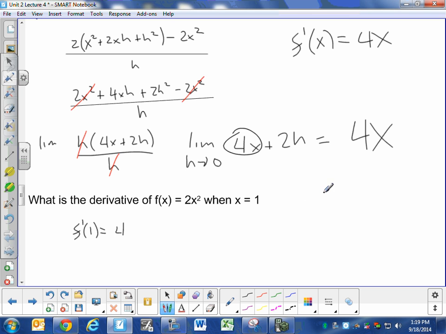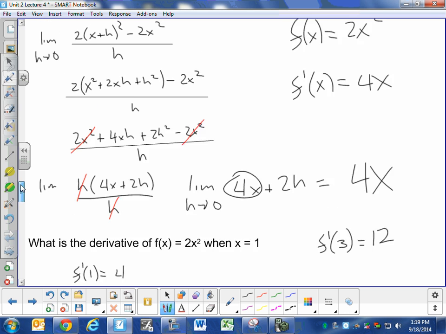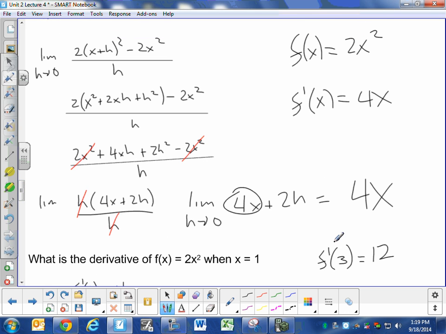Now, what is f prime of 3? 12. What does this tell me? Mr. Kaiser, what does f prime of 3 tell me? Not the function for the tangent line. It gives me the slope of the tangent line of my function 2x squared when x is 3.